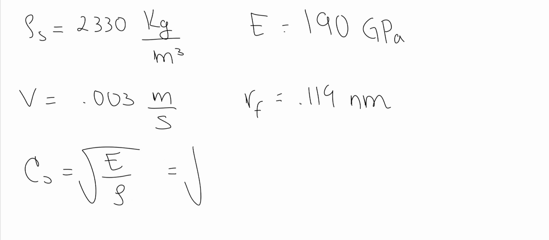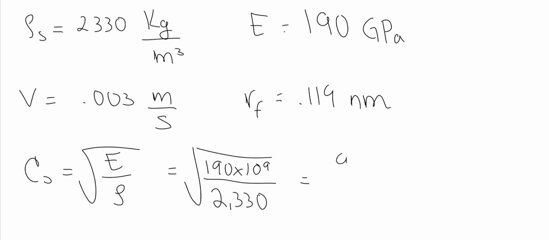So plugging in those numbers, we get 190 times 10 to the 9 over 2,330. Working that math out, we get a wave speed of 9,030 meters per second.